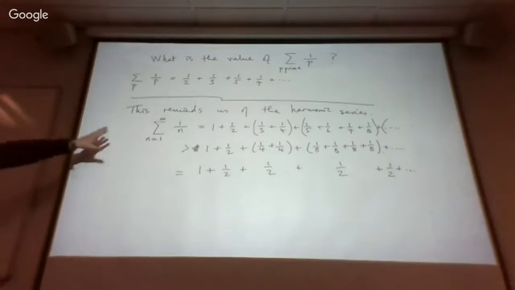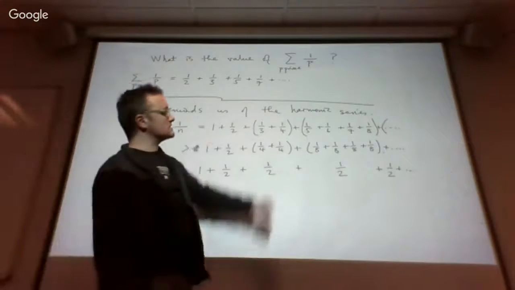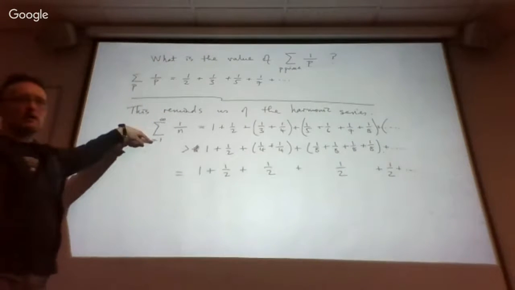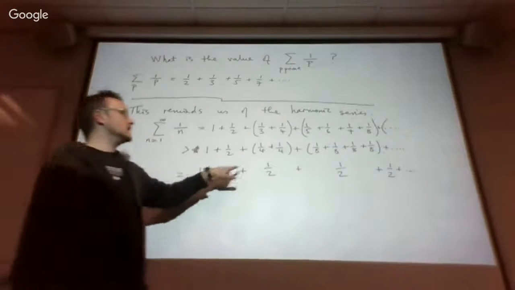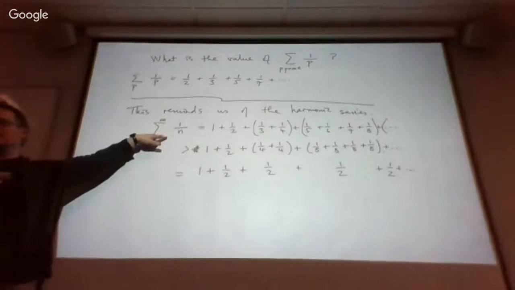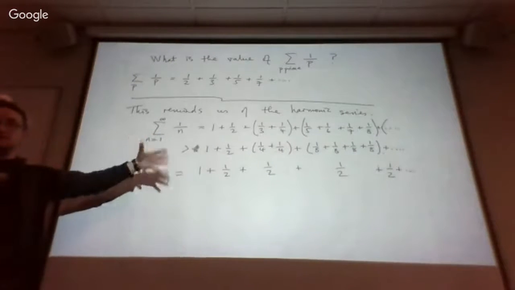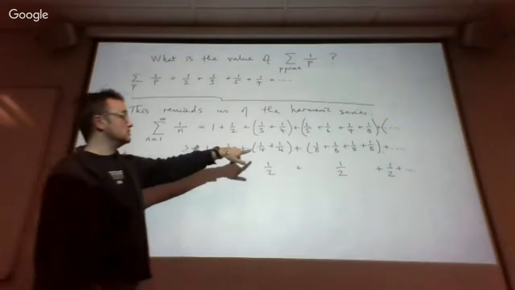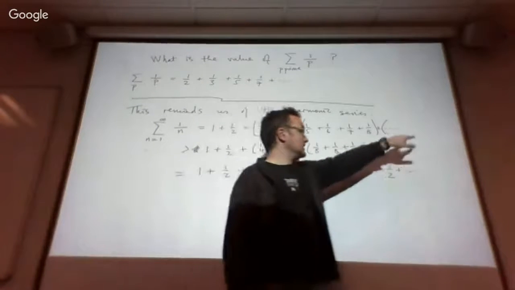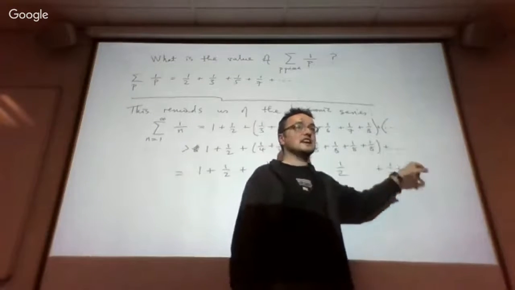So when you look at the harmonic series and you group the terms like this, what you see is that if you wait around long enough, you keep seeing halves being generated in the infinite series. It takes longer and longer for them to generate halves. You need 2 terms for the first half, 4 terms for the next half, then 8 for the next half, and then 16 for the next half.